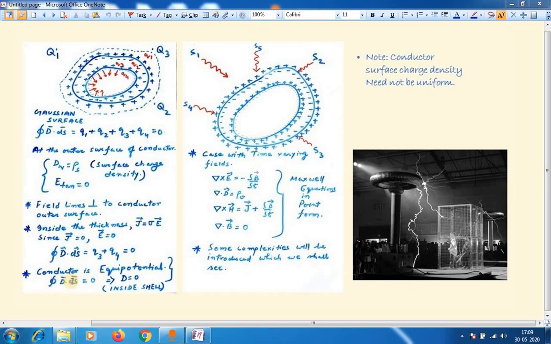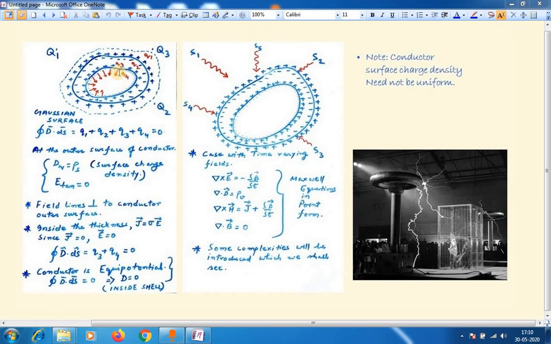Now, what about the field in the inner region of the shell? In this part, if I choose a Gaussian surface like this, and assume that field lines exist, the closed surface integral of D dot ds is equal to 0, because the charge enclosed is 0.